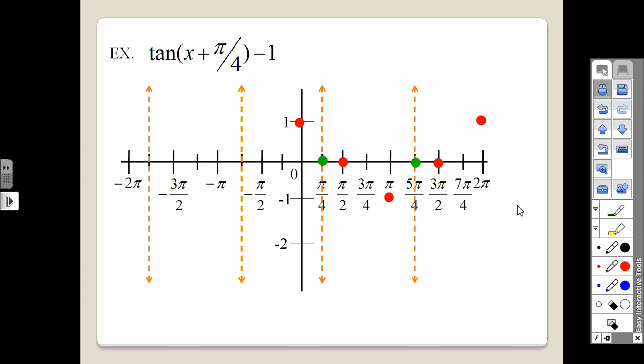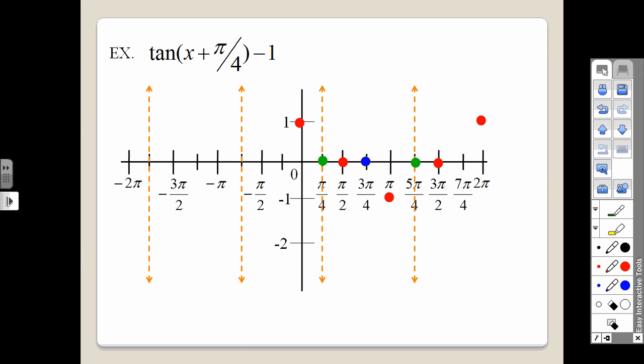Okay, so now the next thing, I'll take my blue marker here, is I have to figure out where my zeros are. Now zeros are going to be in between, at the midpoint of the asymptotes. So technically it would be right here at the x-axis where it's 0. But I have this shift down 1 unit.